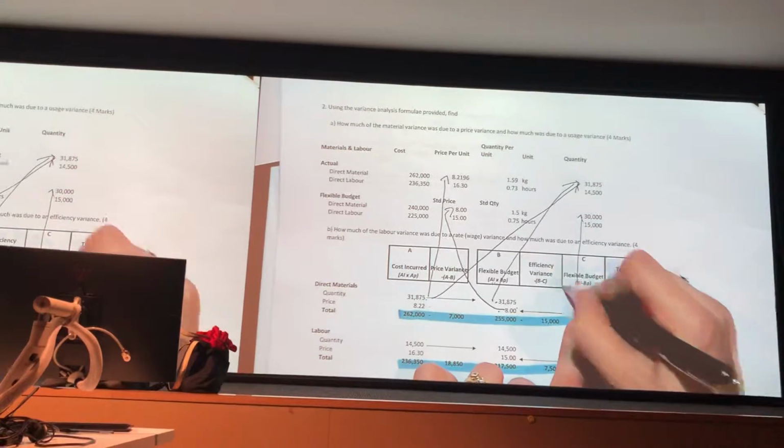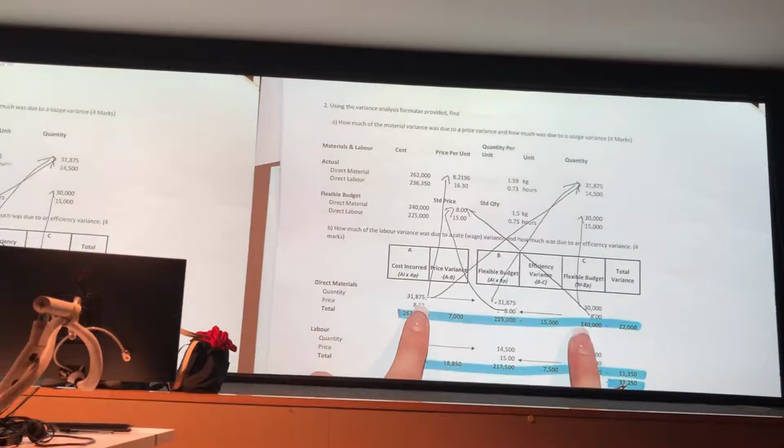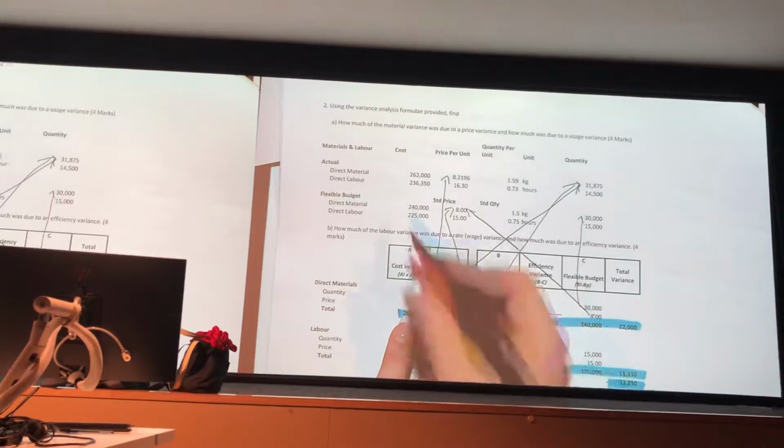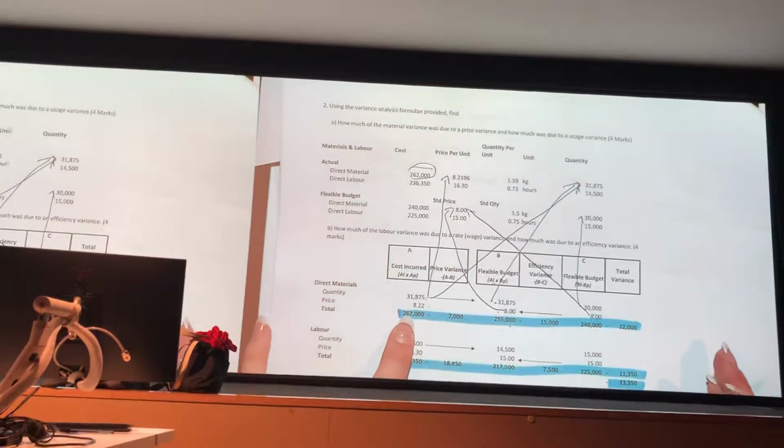So these are basically representations, but on a base level. 255, which is 31,875 times $8 gives you 255, minus your 262, which you know of because you have it, gives you minus 7.